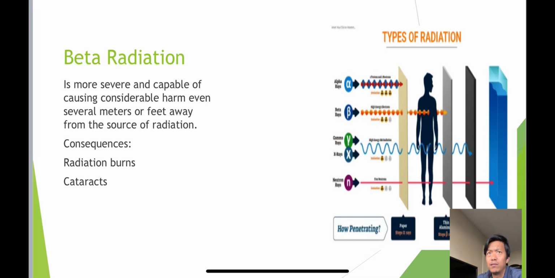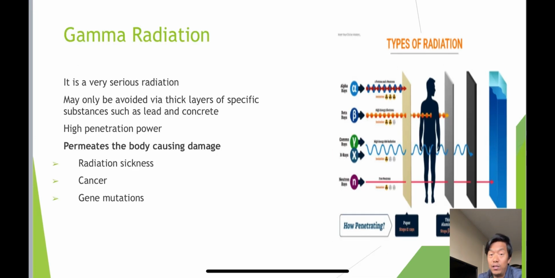If we look at gamma radiation, it is very serious radiation which can only be avoided through a thick layer of a specific substance such as lead or concrete. We can see in the picture that gamma radiation is highly penetrating, so it has high penetration power, but we can prevent it if we use lead or concrete.